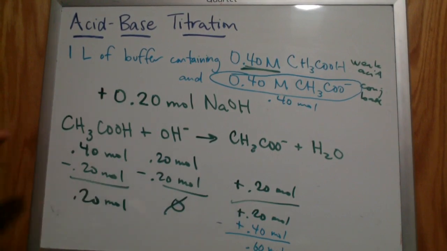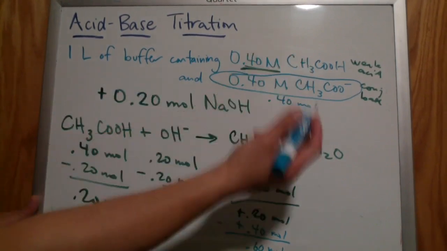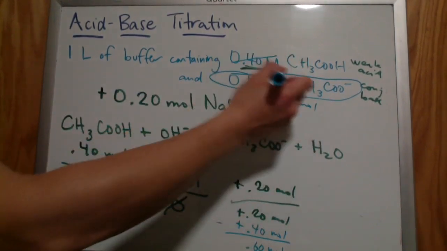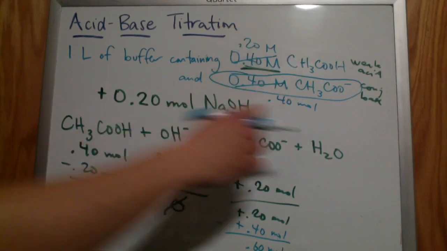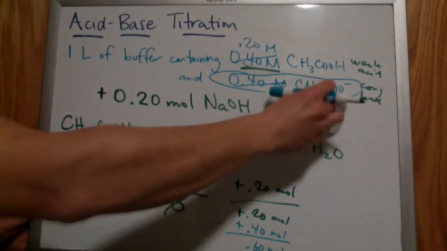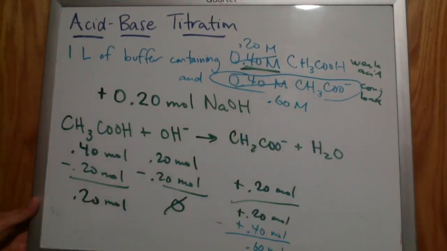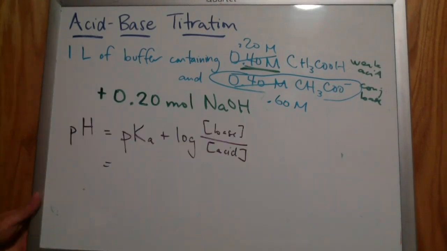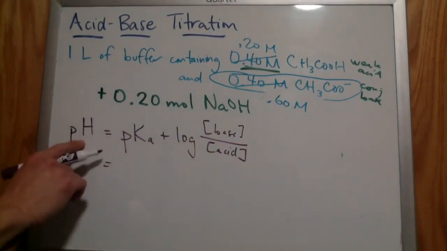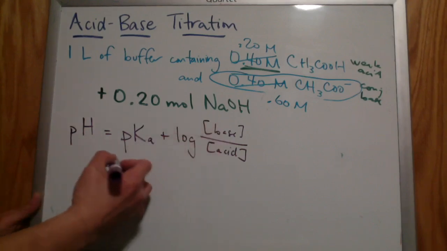And then we can go back to the Henderson-Hasselbalch equation and plug and chug. So in this case, we end up with 0.20 molar, and this is now 0.60 molar in the equation. All right, so let's plug it into the Henderson-Hasselbalch equation. We have pH equals pKa plus the log of the concentration of the base over the concentration of the acid.